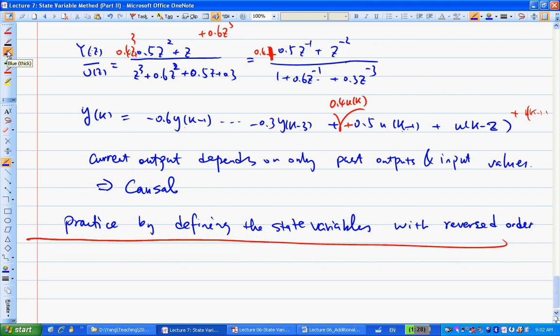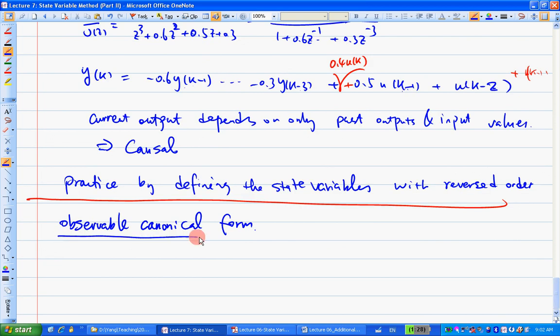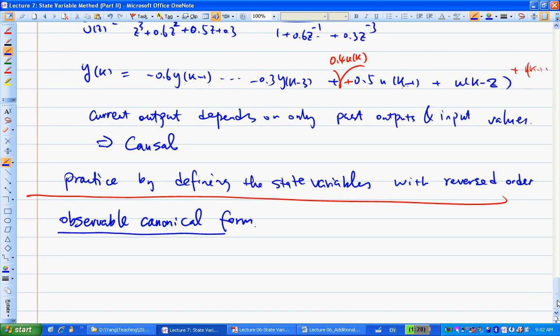There are some other ways of deriving this state space model. The second way of deriving the state space model is the so-called observable canonical form.